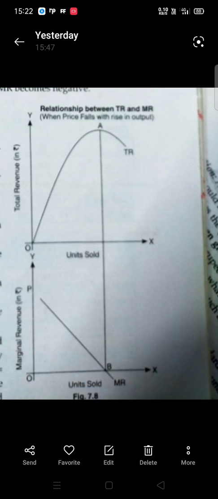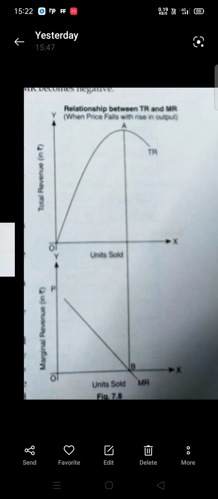Okay, so as long as MR is positive, जब तक marginal revenue positive रहेगा, TR will increase. Or when TR rises, marginal revenue is positive. In this table you can see that as long as marginal revenue is positive, total revenue बढ़ रहा है, increase हो रहा है.